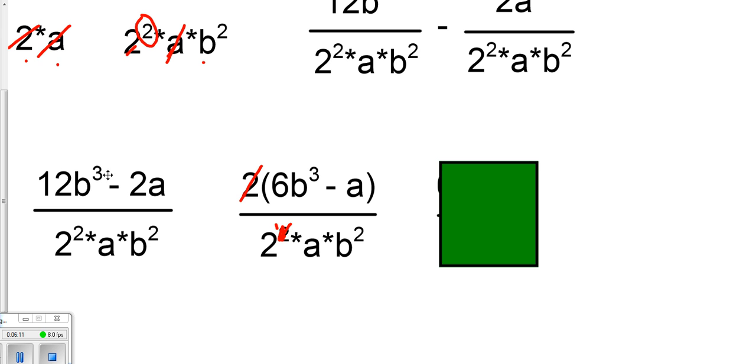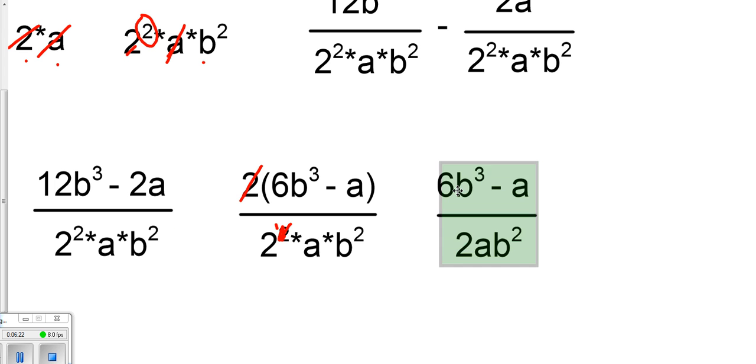Now, instead of 12b cubed minus 2a all over 4ab squared, we knew that we could divide 2 out of everything, and so our final simplified unfactored form is going to be 6b cubed minus a all over 2ab squared. We cannot factor anything else out of these, which means we can't simplify it any further, so this is going to be the final answer.